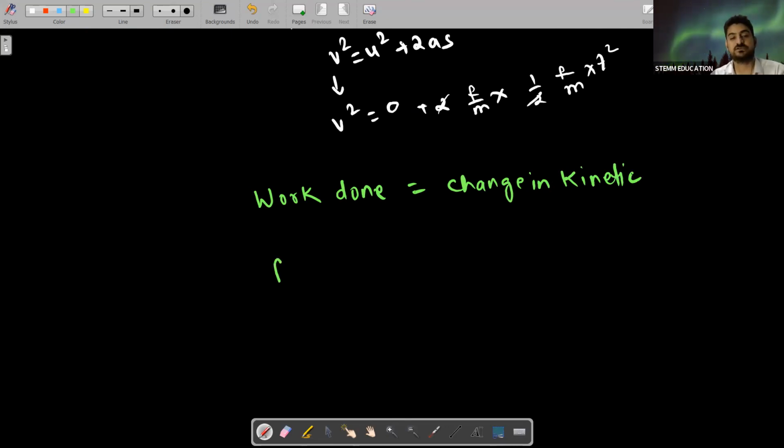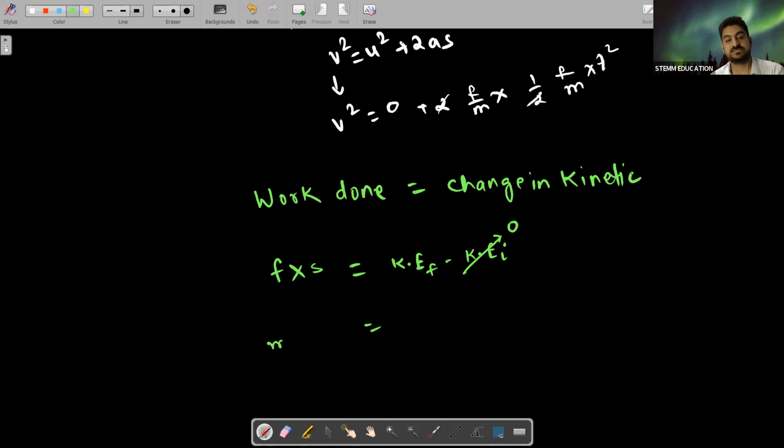What would be the work done? Work done would be force into displacement. F into S is equal to kinetic energy final minus kinetic energy initial. The initial value of kinetic energy is going to be 0, so it would be kinetic energy final. So force into displacement, what would be the value of the force?